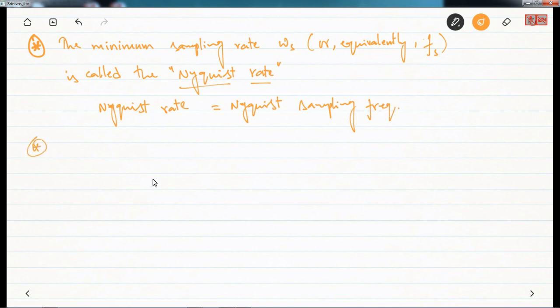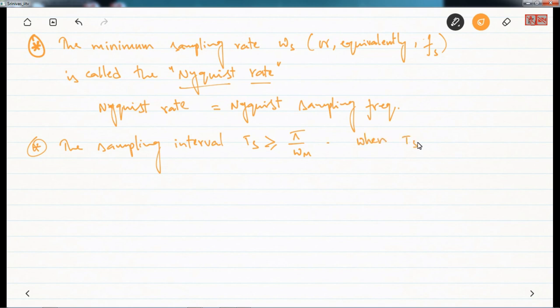And this interval, the sampling interval Ts, should be less than or equal to pi by omega m, right?